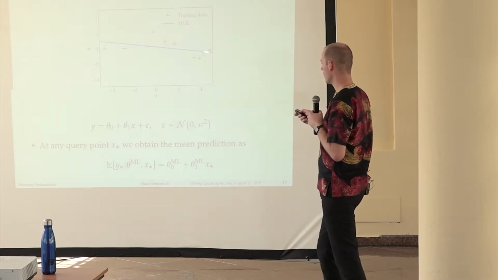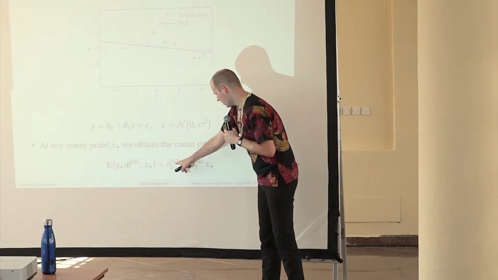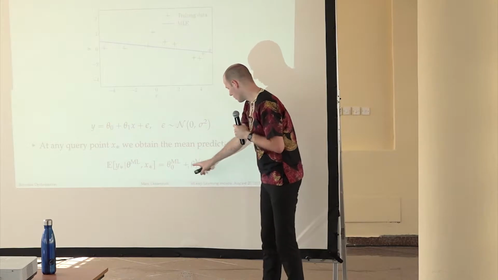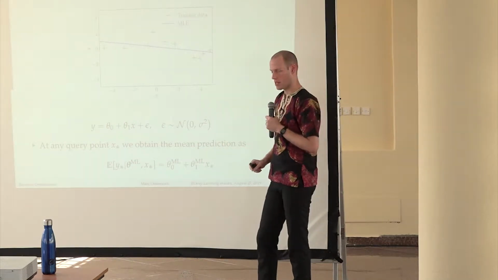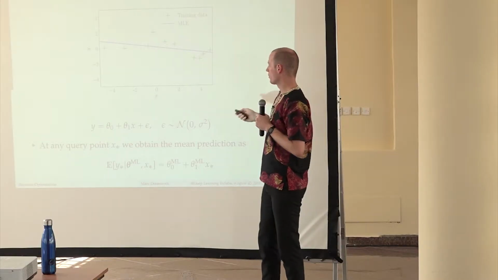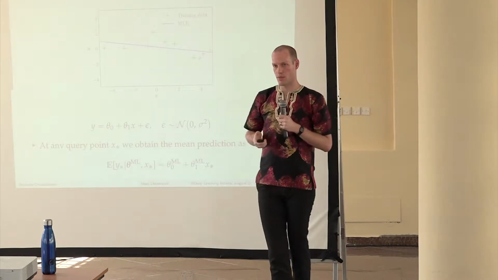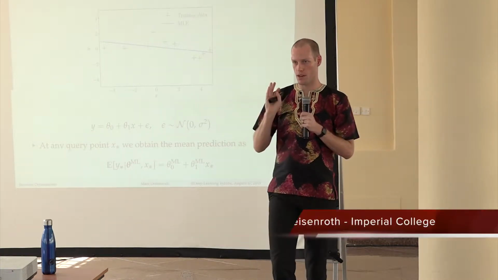What I'm plotting here is just the mean prediction. So I'm only writing down theta 0 of the maximum likelihood estimator plus theta 1 of the maximum likelihood estimator times x star. This is the line I'm drawing here, and that one looks like a reasonable fit if I constrain myself to straight lines.